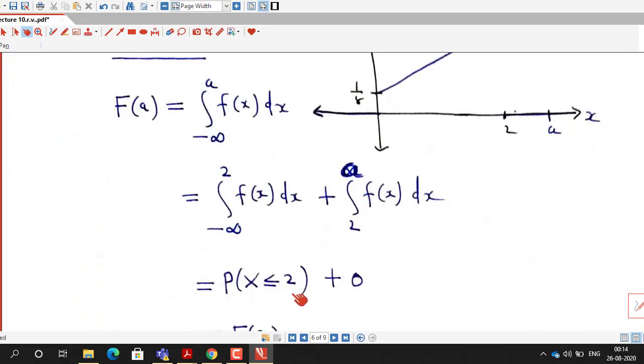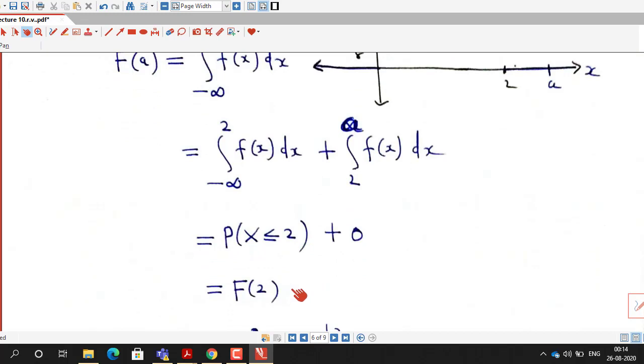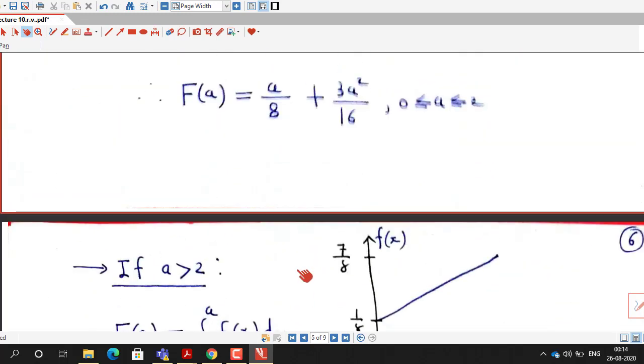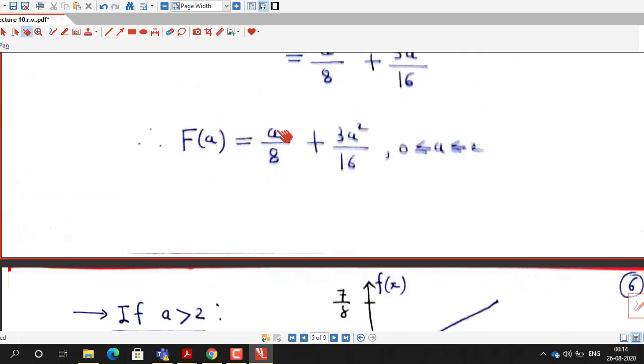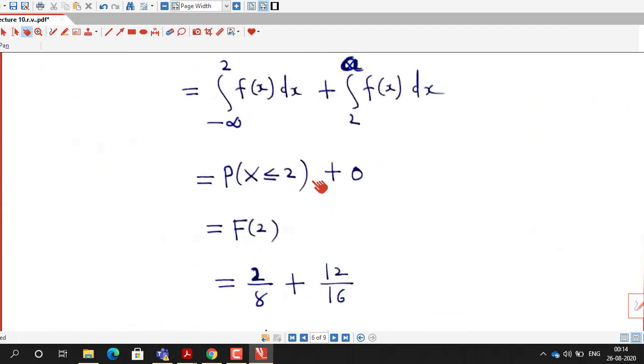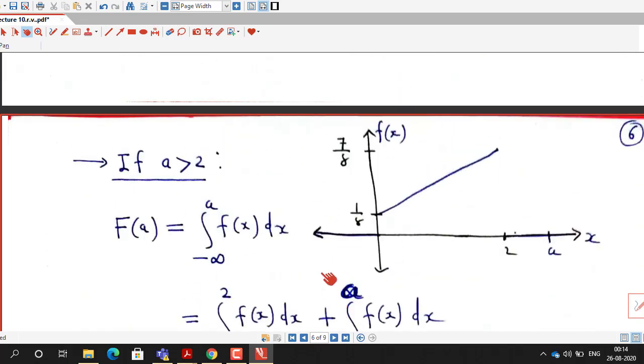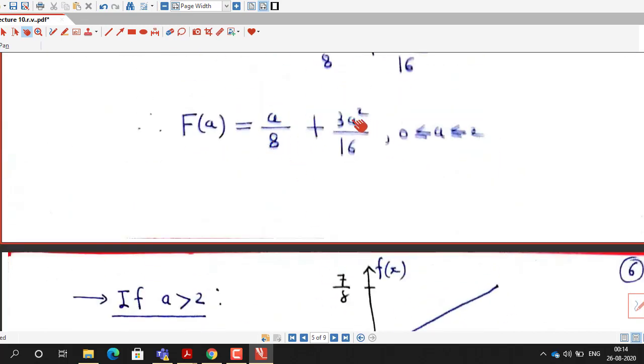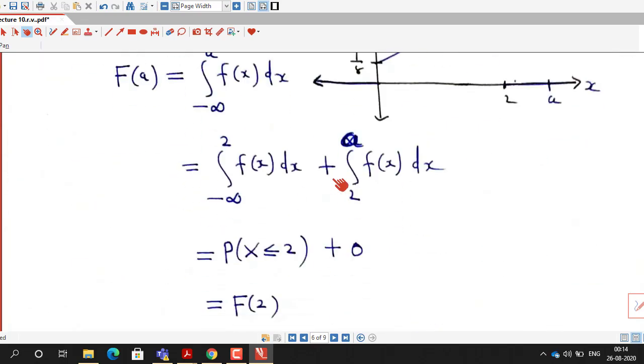Now this is nothing but F of 2, and in the earlier case we have seen that F of a is given by a by 8 plus 3a square by 16 for every a between 0 and 2. So we can find F of 2 by putting a equal to 2 here. So a equal to 2 means 2 by 8 plus 3 into 4 by 16, that is 12 by 16.